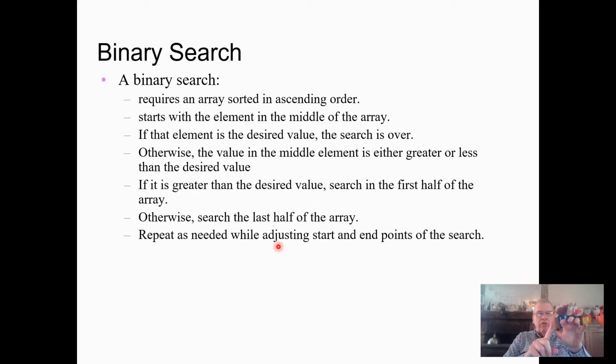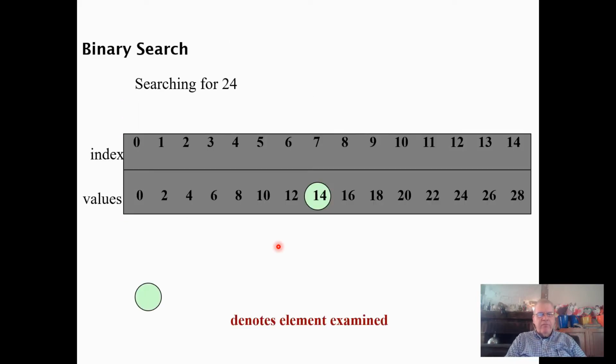And since it's sorted, you'll know whether the value you're looking for is in the lower half or the upper half. So basically, you're tossing away half of the search elements.